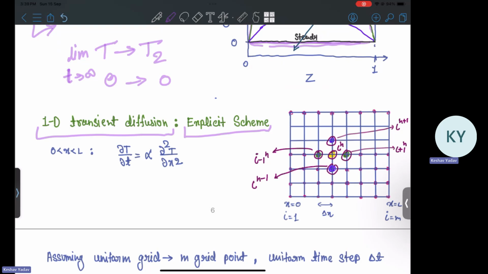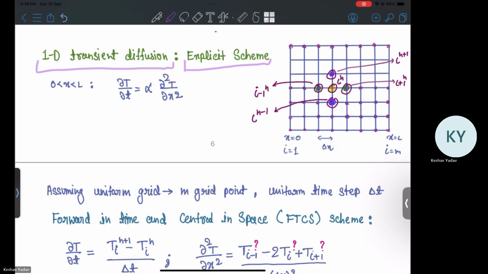Now we will discuss. So suppose we have some grids. We have discussed this, x equal to 0 to L, into m+1 grid points.